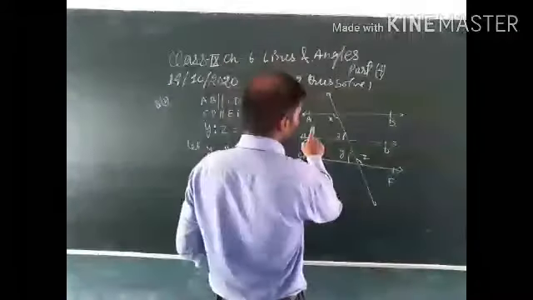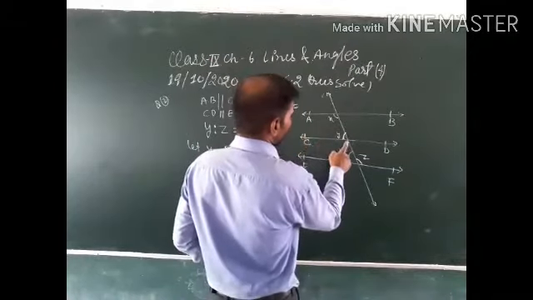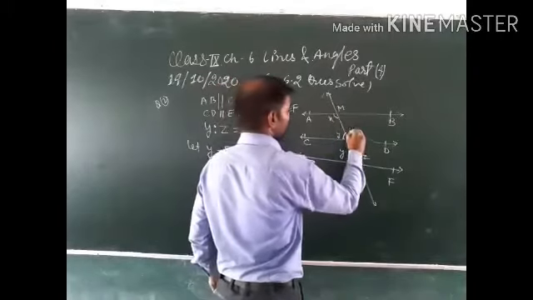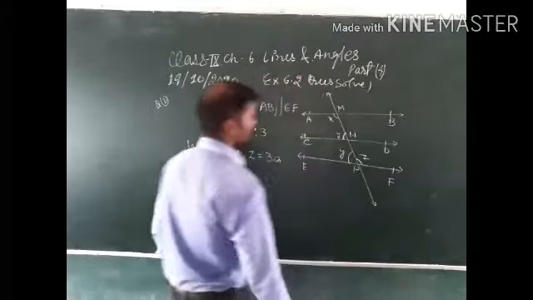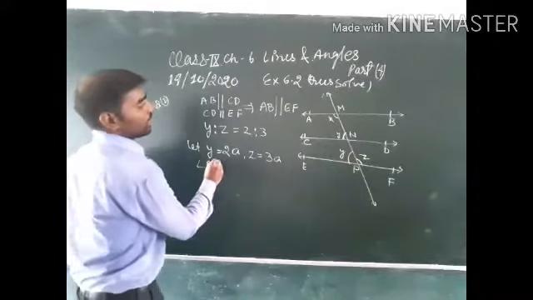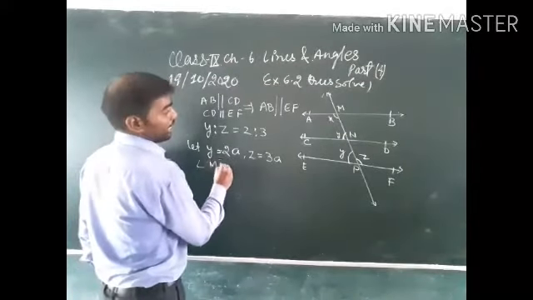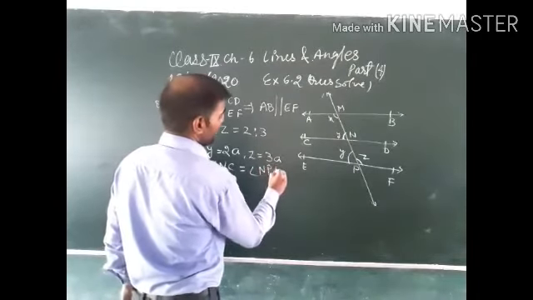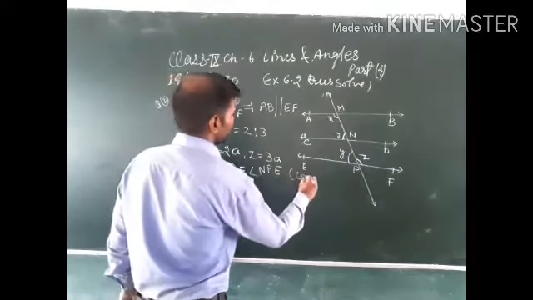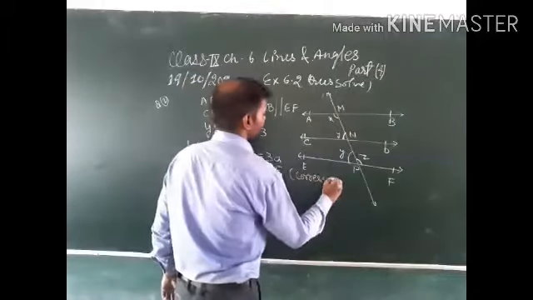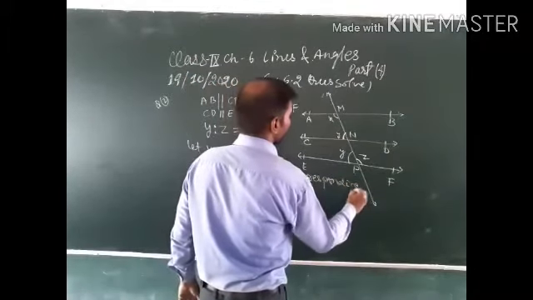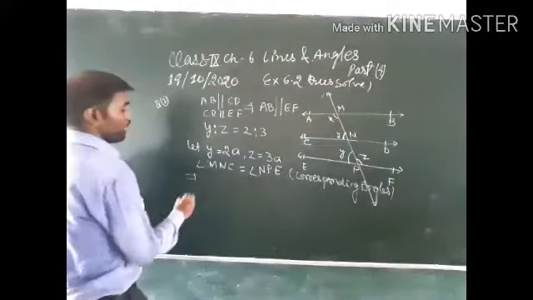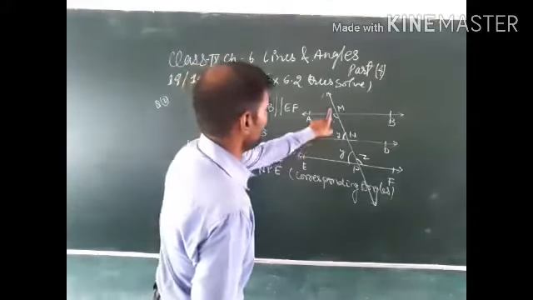First of all, let's name a point A. This is M and P. Angle AMC is equal to angle NPE, corresponding angles. Now put the value of AMC.